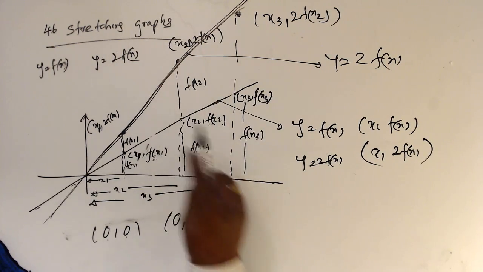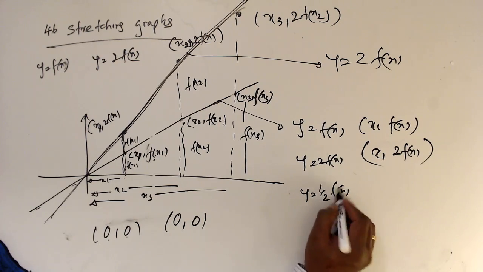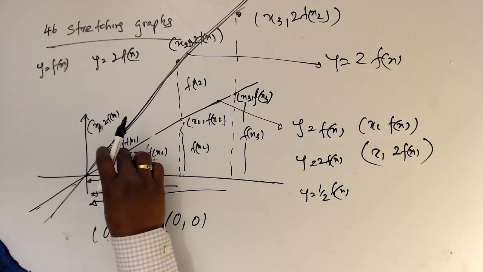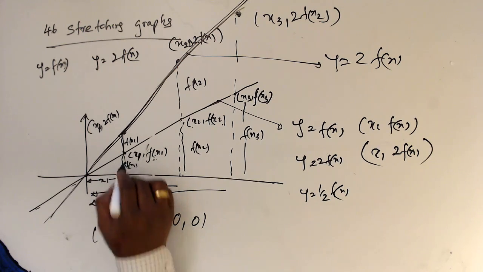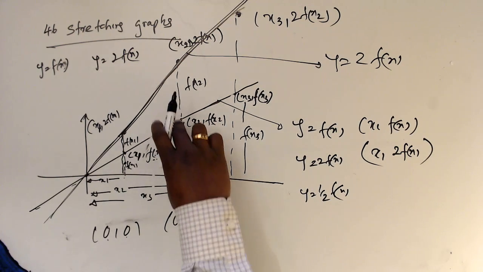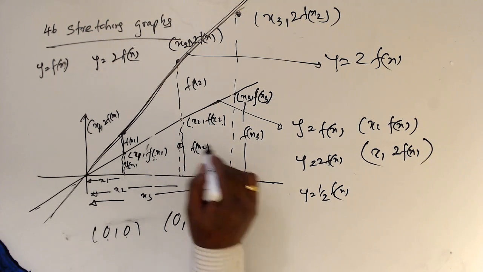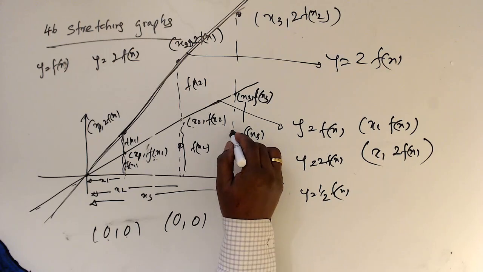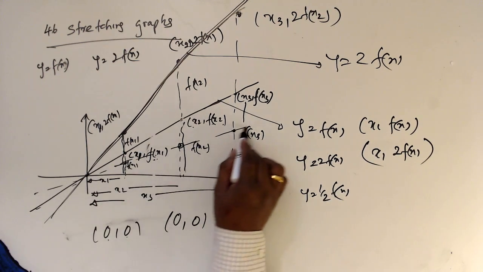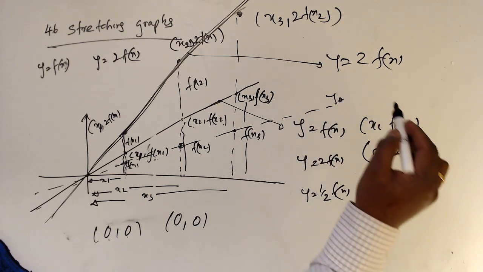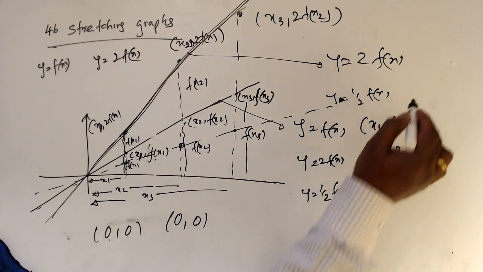Likewise, if it is y = half of f(x), what do you need to do? You want to halve this one. This is f(x) and this is half of f(x) here. This is f(x), this is half of it here. So then this is going to be y = half of f(x).